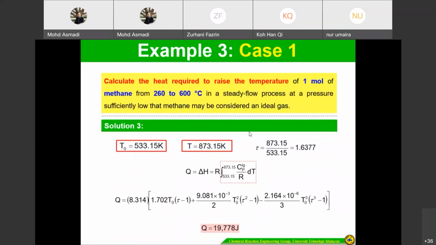If you look here at Q, delta H, this one plus this one is the longer equation just now. You need to times with R to get the Q, because this is per mole. So actually it is N times this, and N times delta H. So you can get Q.